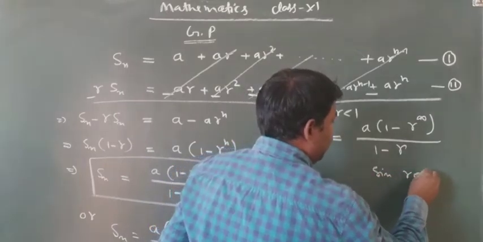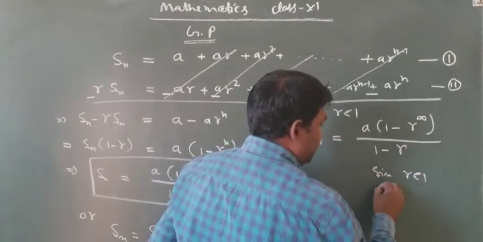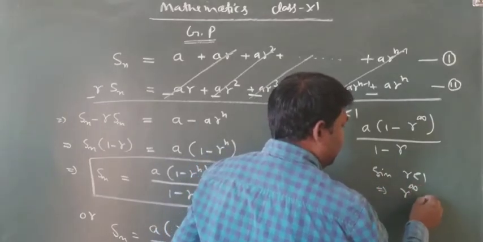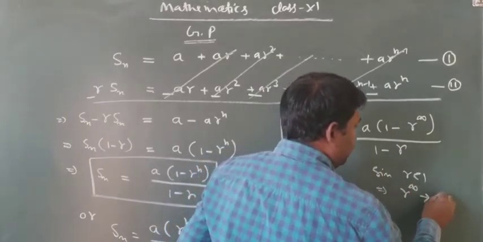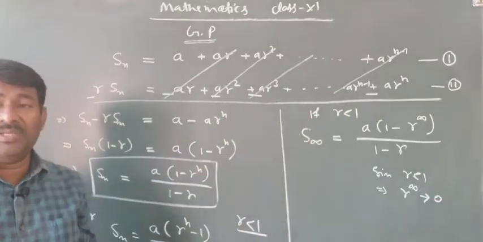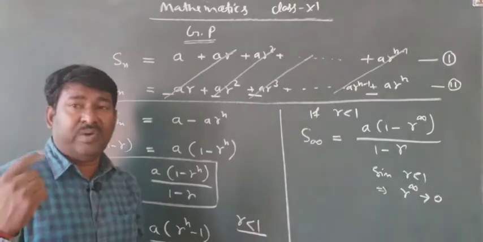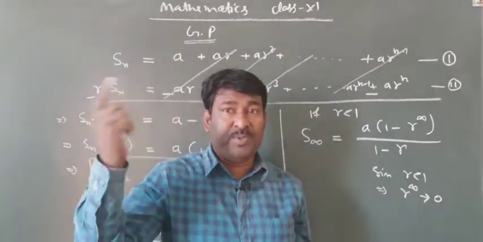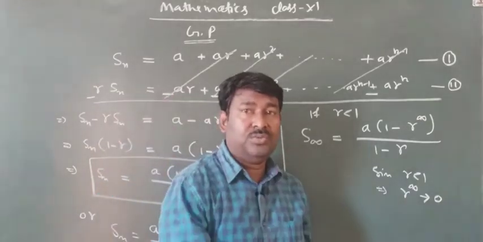Since r is less than 1, it implies that r power infinite will tend to 0. If the value is very small, less than 1, its square will be even smaller, and its cube, its power 4, will tend to 0.